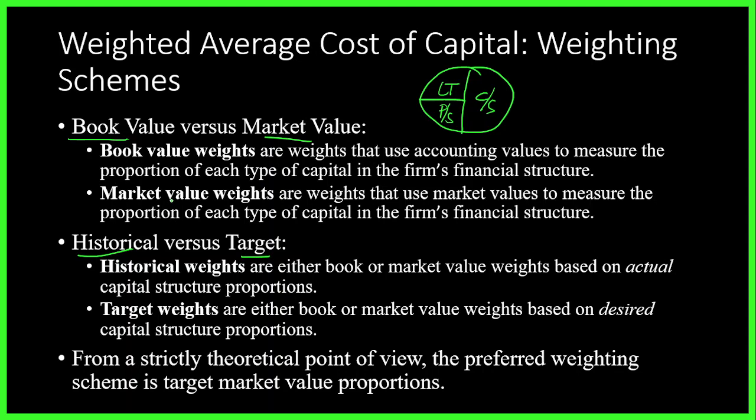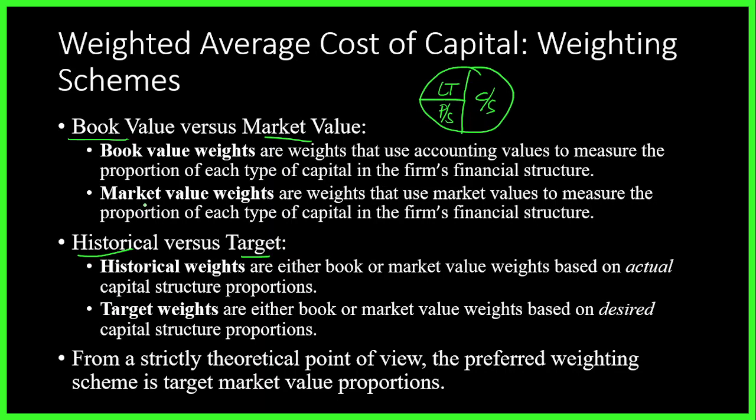Pag sinabi nating book value, this is dependent on the existing accounting values. Ibig sabihin, it's based on the existing financial statements. Pag sinabi nating market value, this one is based on what is normal in the market or what is normal in the industry.